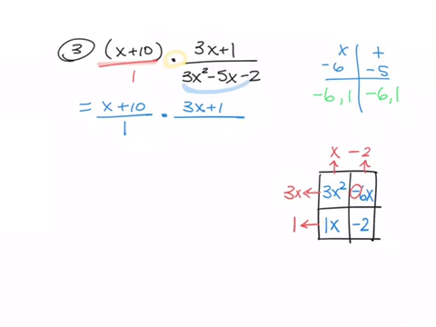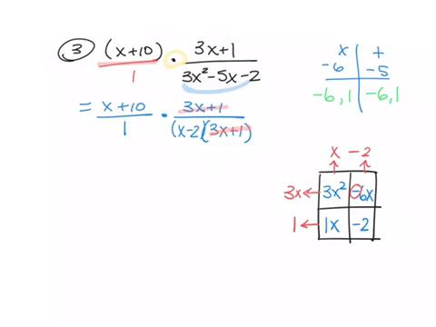So we can now move back over to the original problem, and we can write that denominator as x minus 2 times 3x plus 1. Now, just like the last time, when this is multiplication, you can reduce or cancel vertically and diagonally. So what do you see?